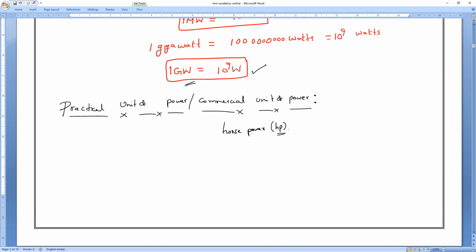The power of electric motors, machines, engines, etc. is measured in horsepower.